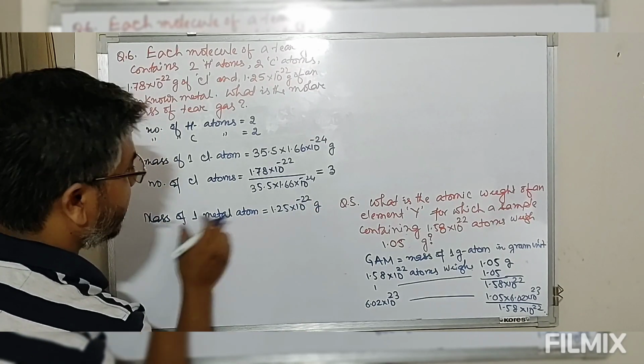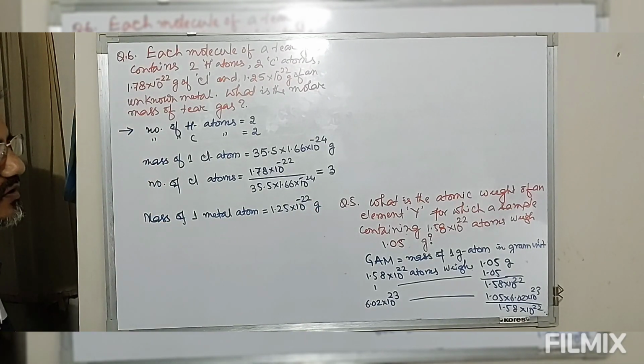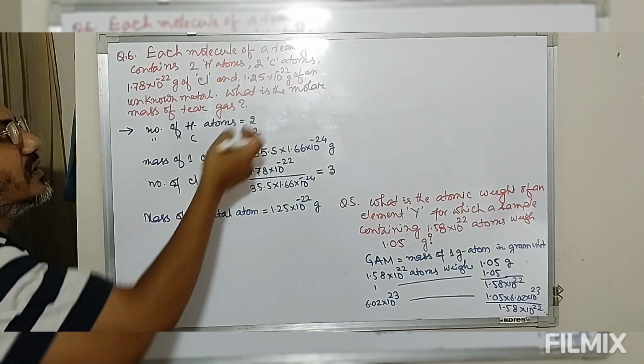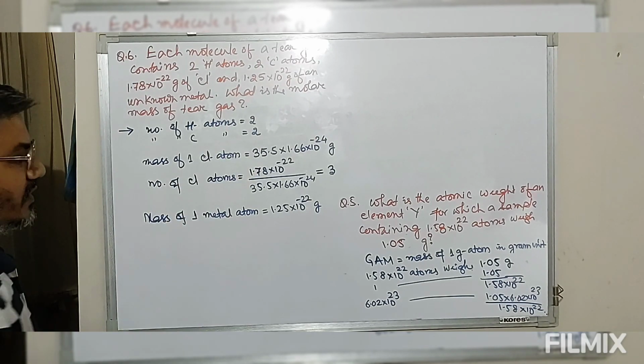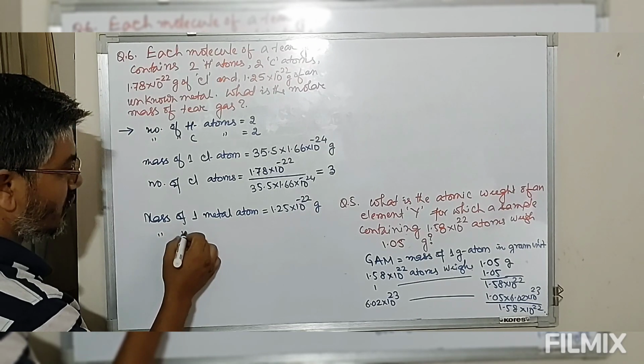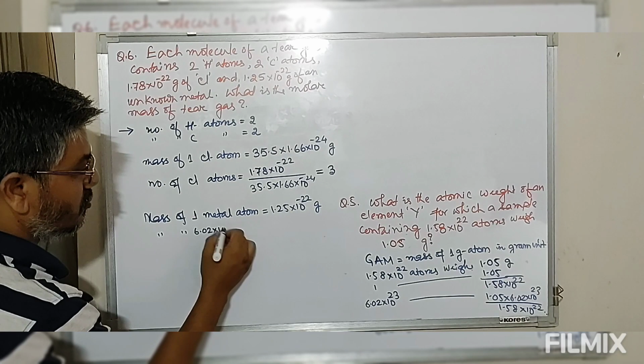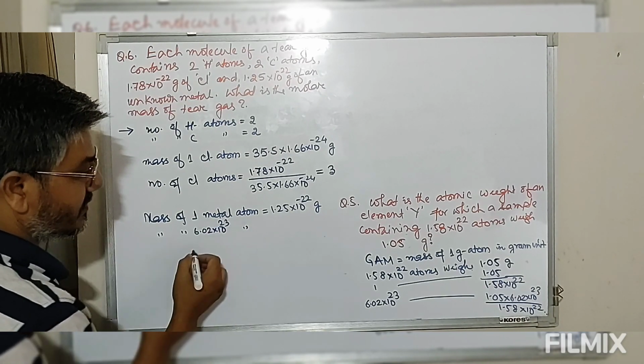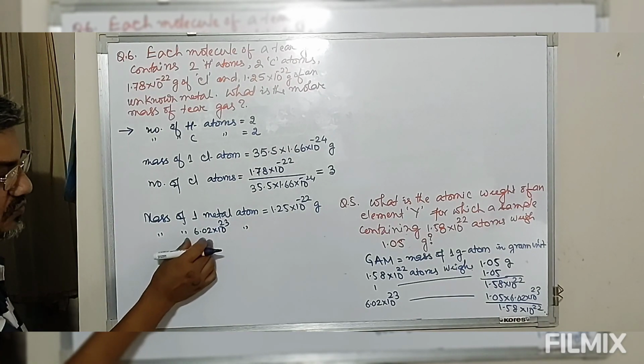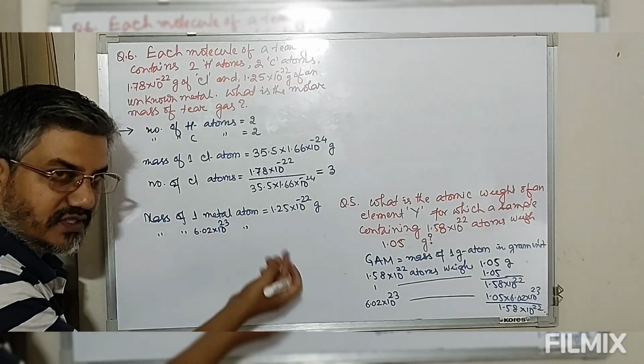So the mass of a single atom weighs 1.25 into 10 to the power minus 22. Now we require the gram atomic mass. So therefore the mass of 6.02 into 10 to the power 23 metal atoms, that is a gram atom. So the mass of 1 gram atom is known as the gram atomic mass.